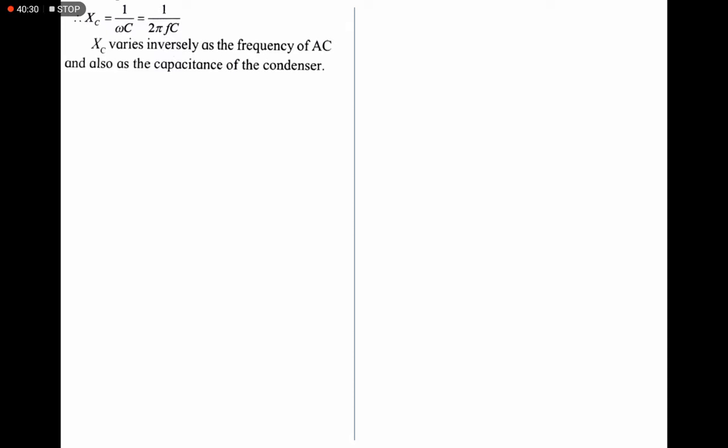Actually, we must know how the EMF is generated or how the AC generator is used in the AC circuit. Then one more important aspect has to be kept in our mind. What is the difference between the DC source of electricity and the AC source of electricity? So try to learn this difference between DC and AC circuits.